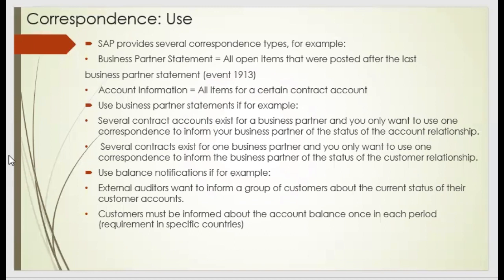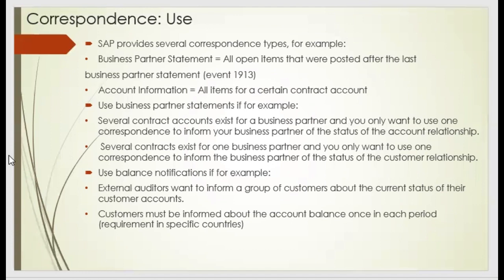We also inform the business partner about the statement, about their history, about what exactly they are doing to reduce their bill, or what new products or services are introduced in the system. Mostly we are telling the business partner what the status is, and about their relationships, like account relationships.